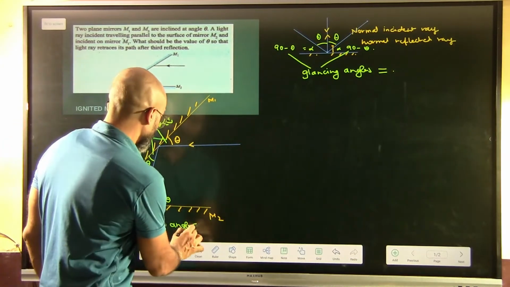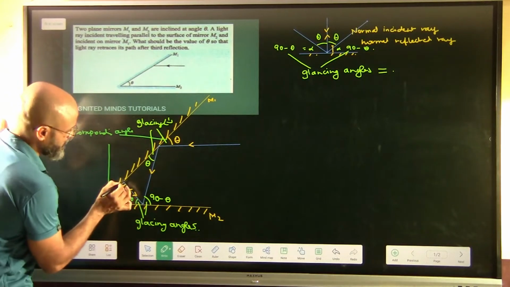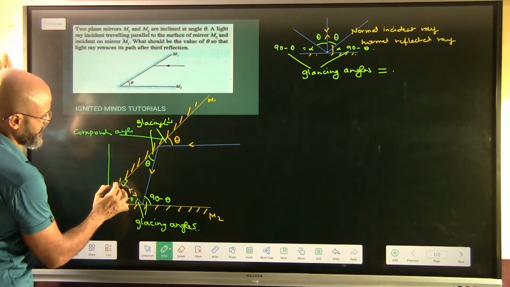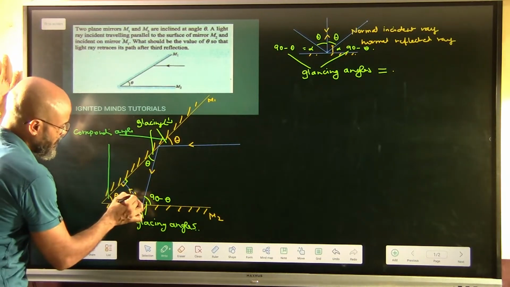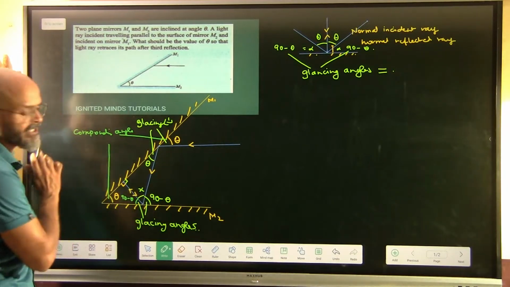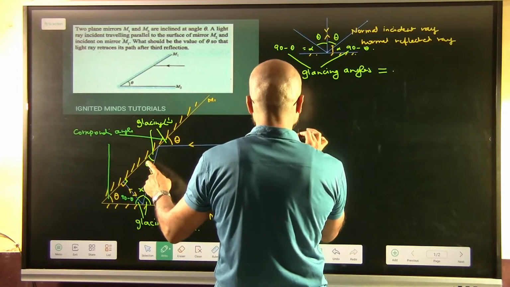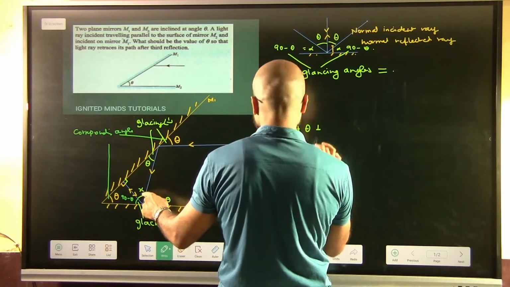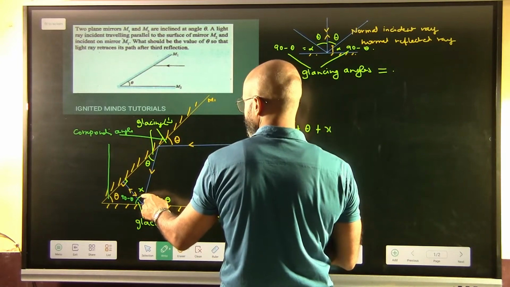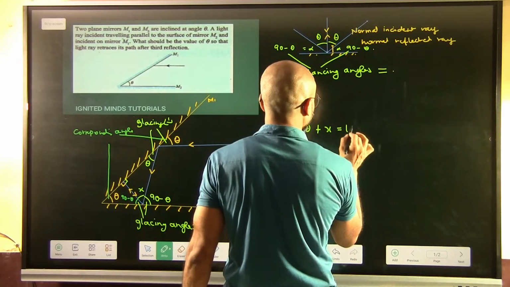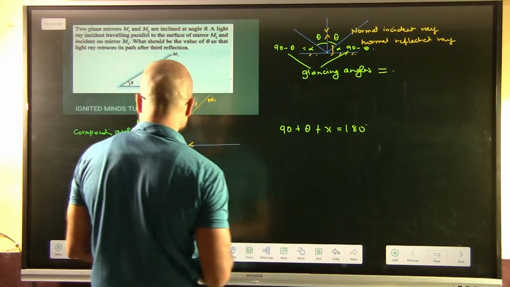Now in this triangle we have this as 90, this as theta, and let's say I take this as x, so 90 plus theta plus x is equal to 180 degrees. We will come to this again.